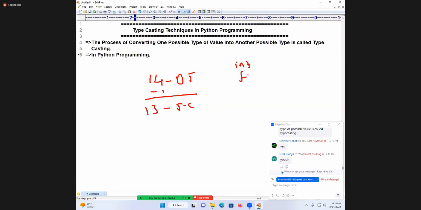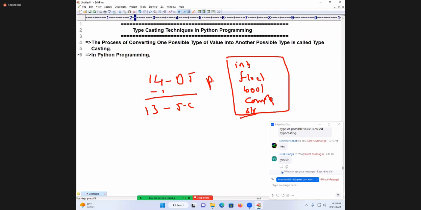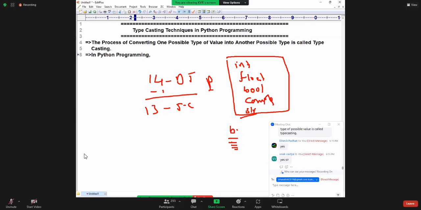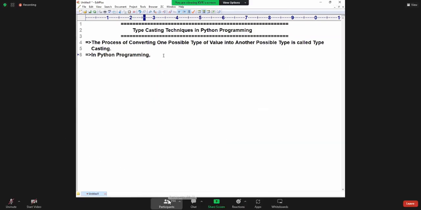Int we know, float we know, bool we know, complex we know, and str. Up to this, these are called primary or fundamental typecasting techniques. After that, we'll go for bytes, bytearray, list, those kinds of advanced typecasting.